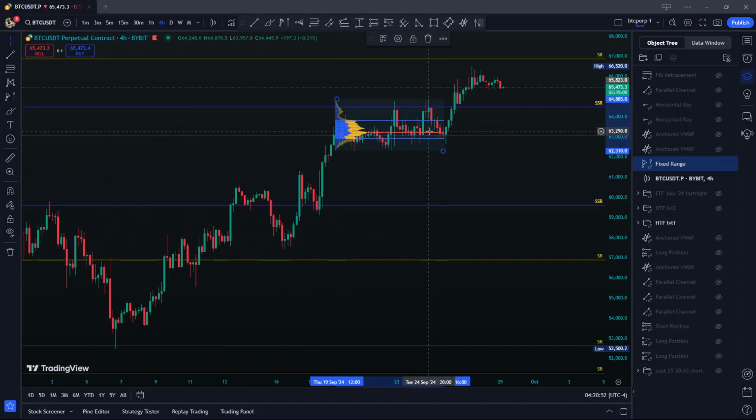So we might come in, breach this and retest the value area high, in which you can use the value area low as your stop loss if it actually bounces off from this. And let's say we come all the way down to point of control, then obviously you're going to be testing that.